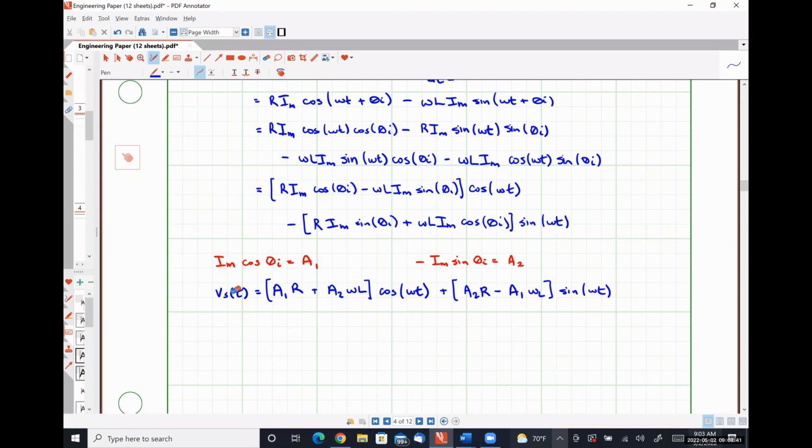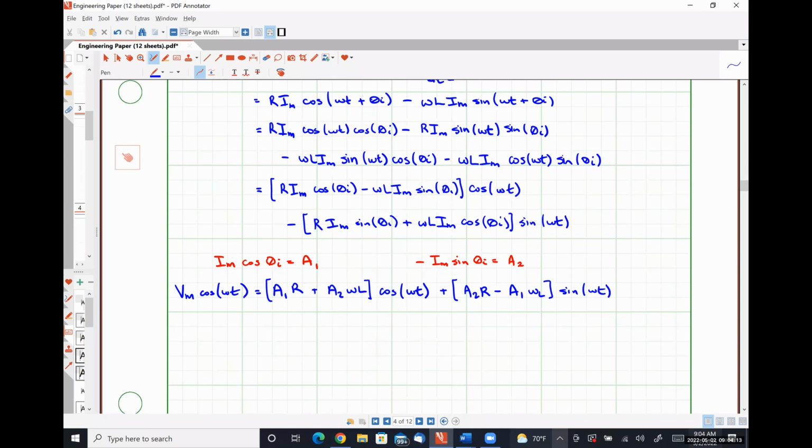So I'm simply going to erase this Vs of t and put in Vm cosine. Now, it may not look like it here, but we have a system of equations. So let me explain exactly what I mean by that, okay? What we have on the left-hand side of the equal sign has to equal what we have on the right-hand side of the equal sign.